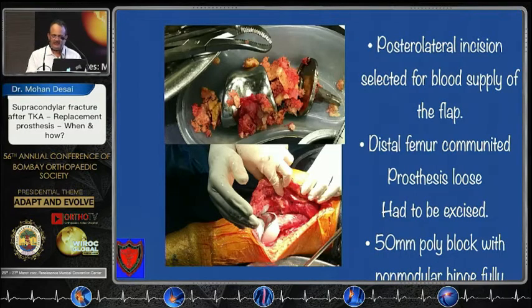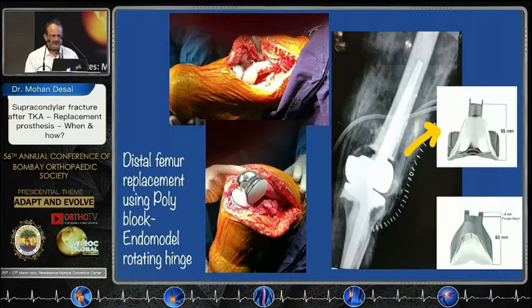We did a poly block and a distal femur replacement using an Endo-Model rotating hinge. So it looks like this somewhat. This is a poly block. On X-ray it looks radiolucent. This is a cheaper option. You can have a metal one, a Mega C option, which is slightly costly, which works the same in this elderly lady.